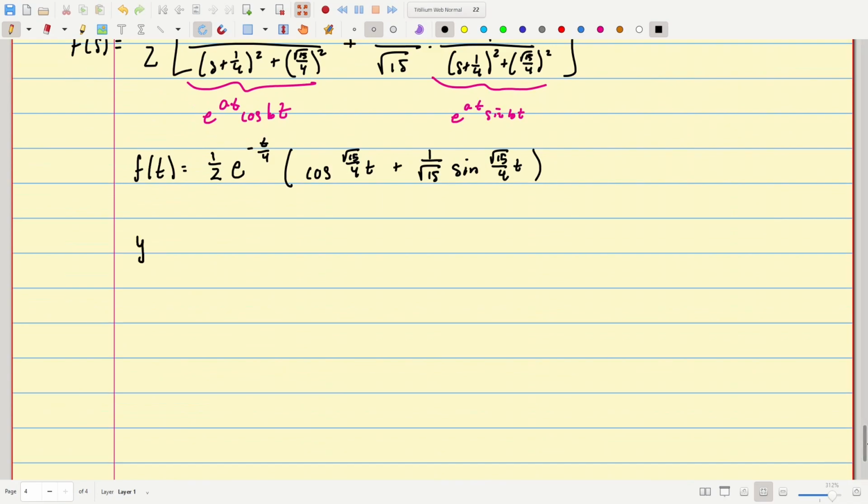So, lowercase y of t, which is the solution to our differential equation, has the form u5 of t f of t minus 5 minus u sub 20 of t f of t minus 20.